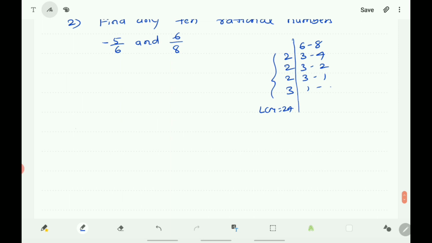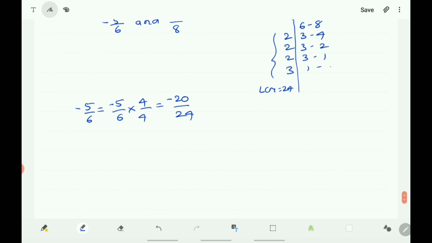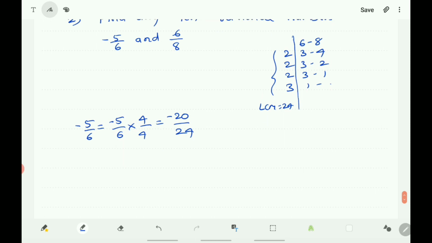Now first one you take minus 5 by 6 and convert the denominator as 24. So you must multiply 6 by 4. So also you multiply minus 5 by 4, you will get minus 20 by 24. And the next one is 6 by 8.